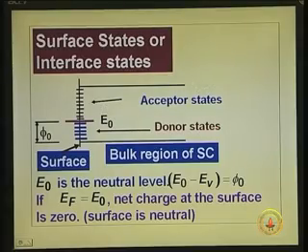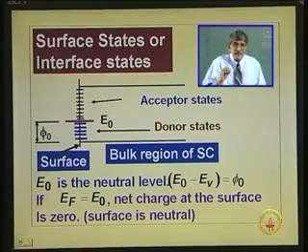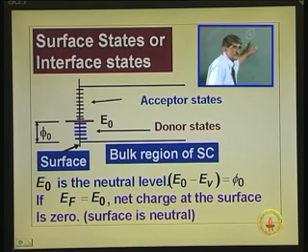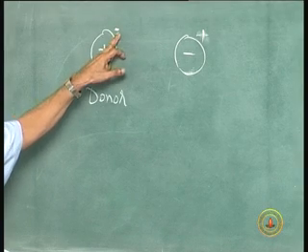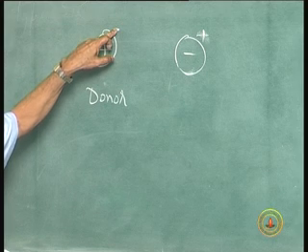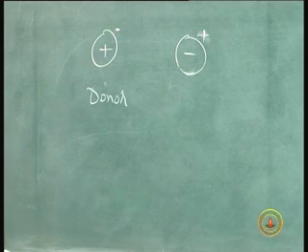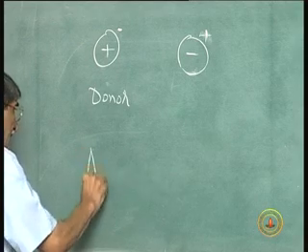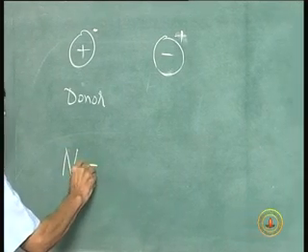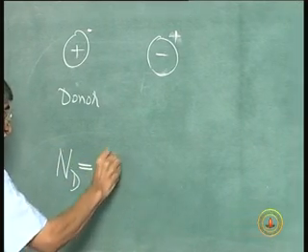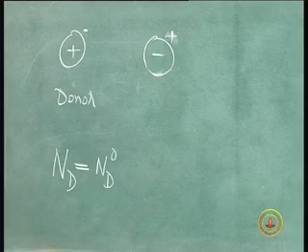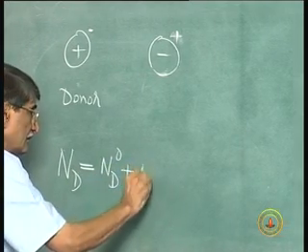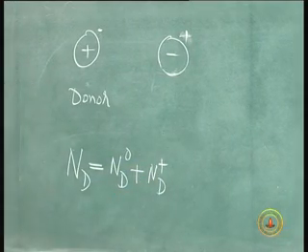That is the understanding. It is simpler to visualize with the donors, because that is a physical thing. Electron not occupying, it is positively charged. Electron occupying, it is neutral. So, you have the donor states that can exist as neutral and Nd plus.